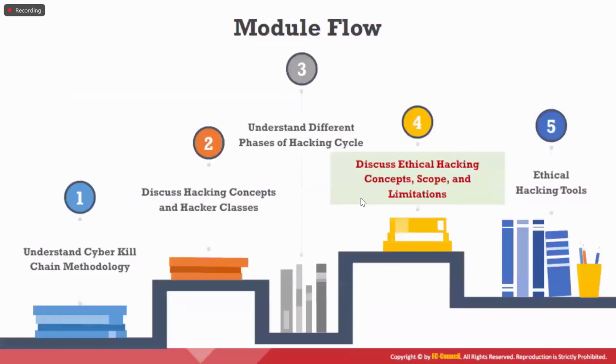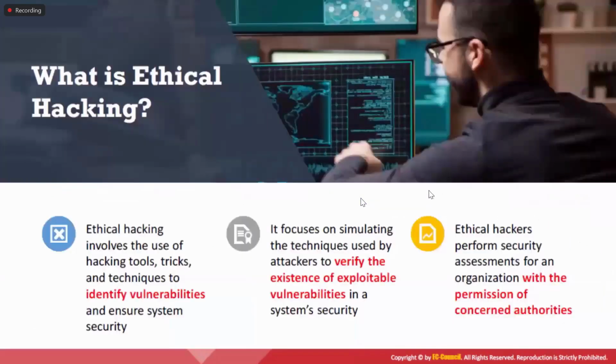Okay, and now we are into the ethical hacking concept, scope, and limitations. So what is ethical hacking? We already discussed some ethical hacking in the previous classes also. Ethical hacking involves the use of hacking tools, tricks, and techniques to identify vulnerabilities and ensure system security.